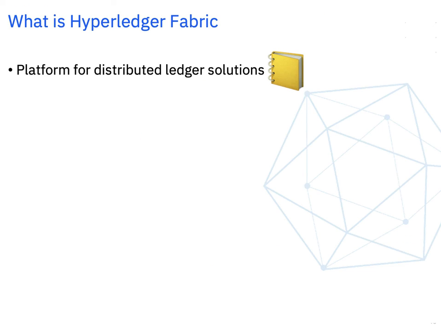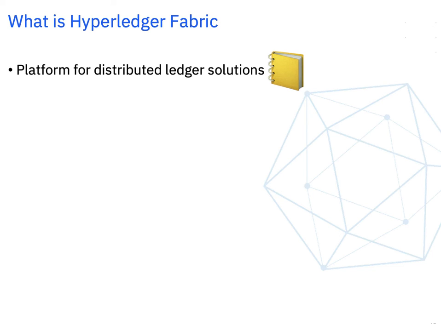So what is Hyperledger Fabric? The modular architecture allows innovation and flexibility, allowing components such as consensus and membership service to be pluggable. If you're working with cloud-based blockchain or managed blockchain, then you can plug and play as well.